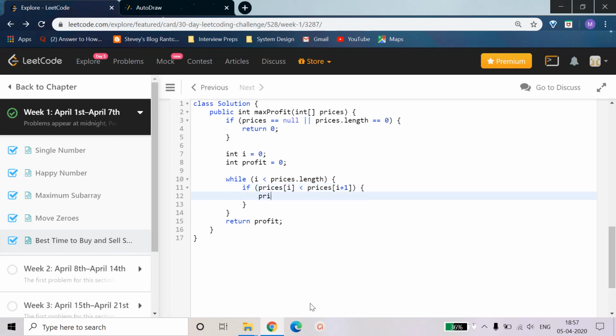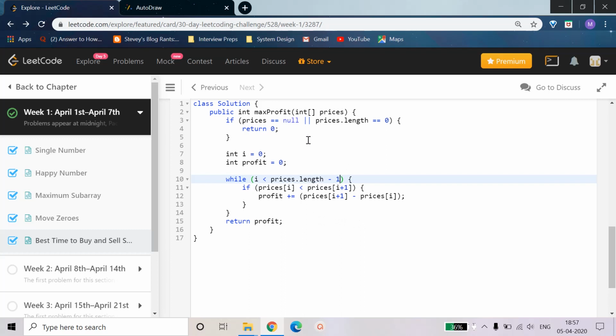So I'll book a profit by subtracting these values. The difference between the price at I plus 1 and I will be booked. Now since we are using I plus 1, I cannot go up to length, so I should only go up to length minus 1. I think this is the simplest solution.